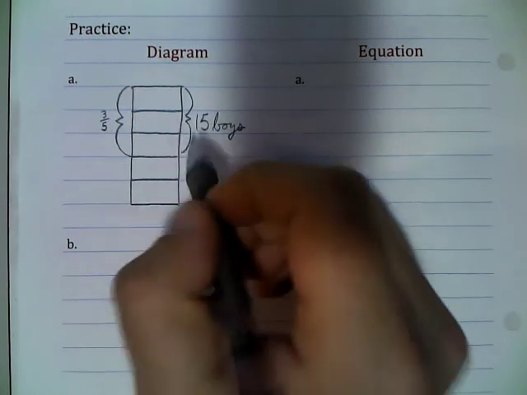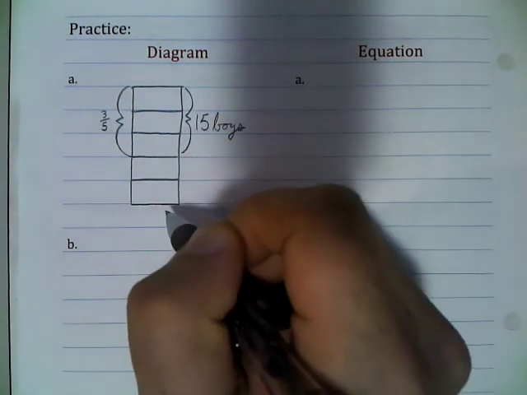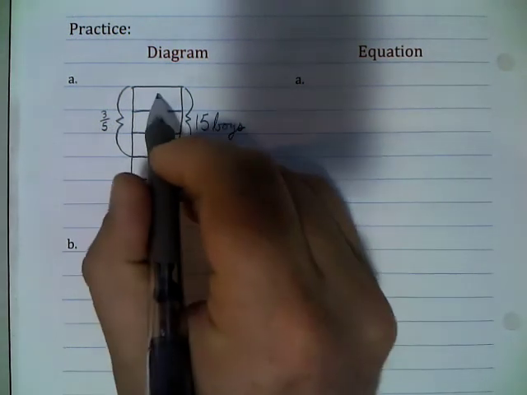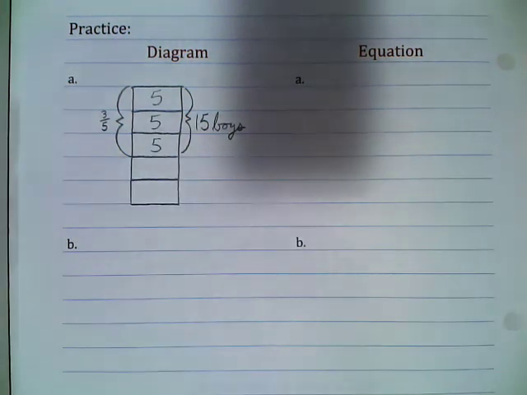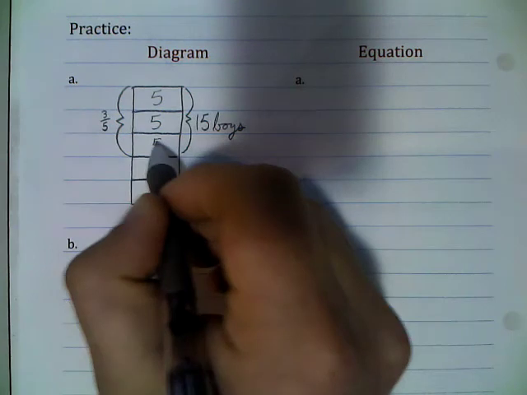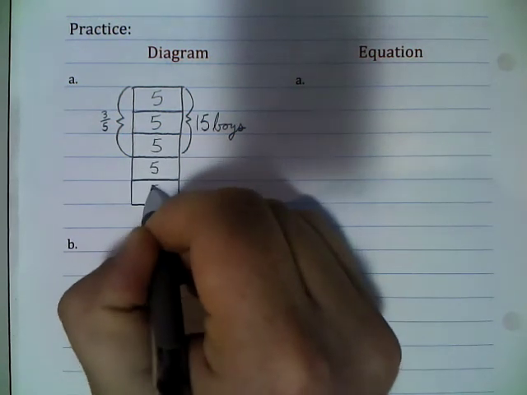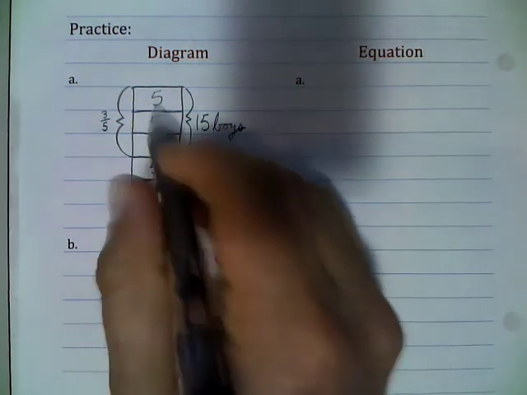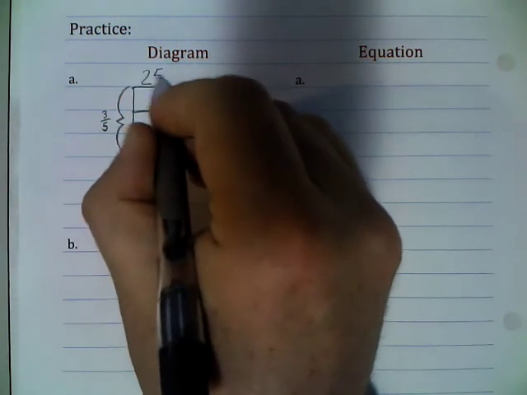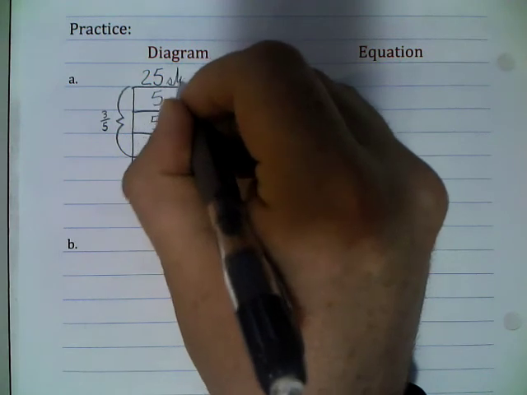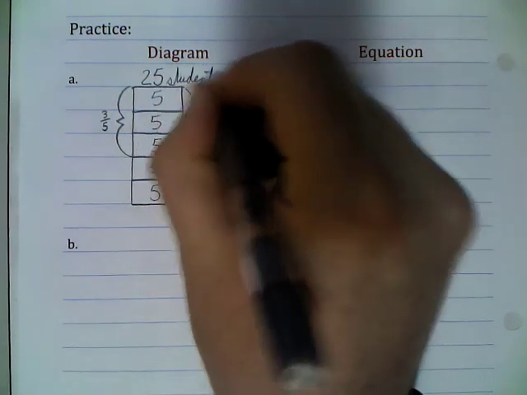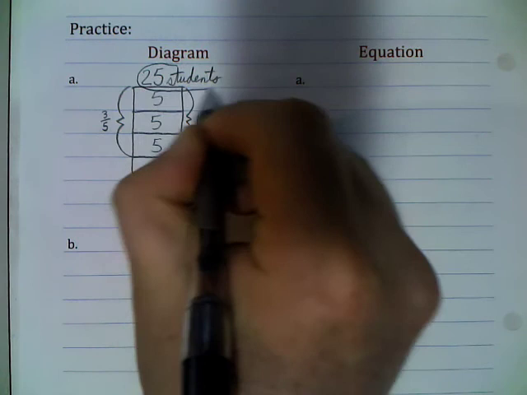So with that being said, well, if this is 3 groups makes 15, well, 15 divided by 3, there must be 5 in each one of these groups. So the question then is, how many students are there in all? Well, if each one of these is 5, then these two must also be 5. And then, well, 5 groups of 5 is 25. 25 what, though? Well, these are all students. 25 students in the class.